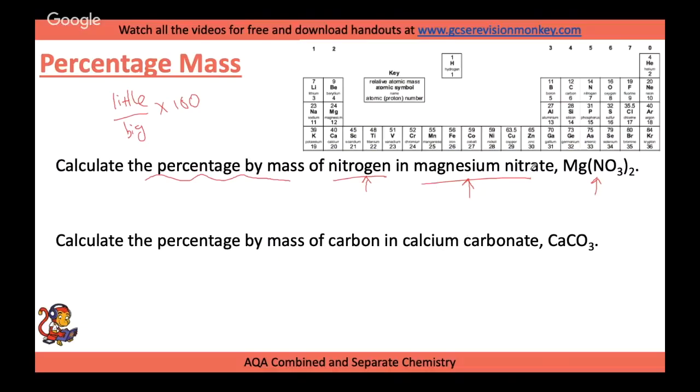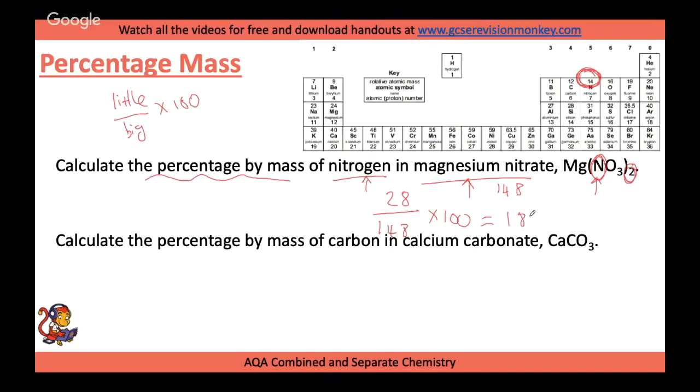We've just worked out the mass of the whole lot as 148. So we just want the nitrogen, and because it's in brackets, we need 1 nitrogen multiplied by 2. So it would be 28, because nitrogen is 14, multiplied by 2 is 28, divided by 148, and then times by 100.